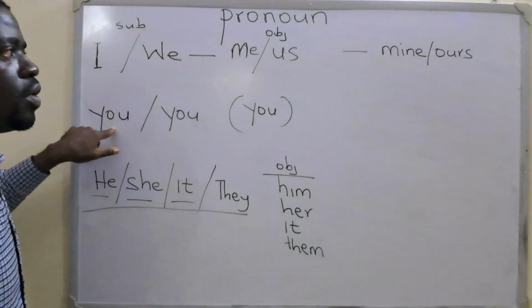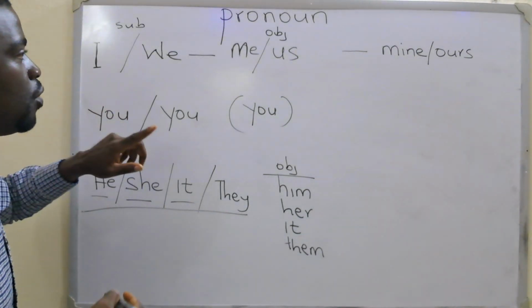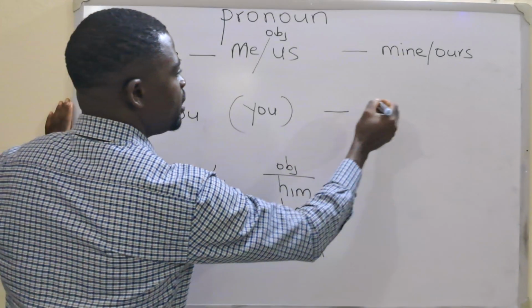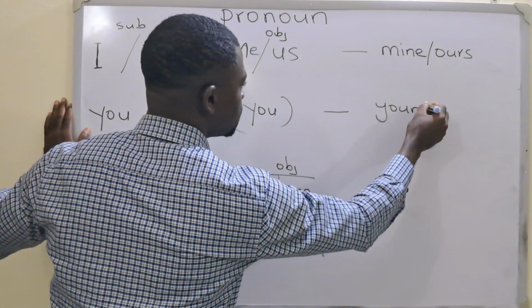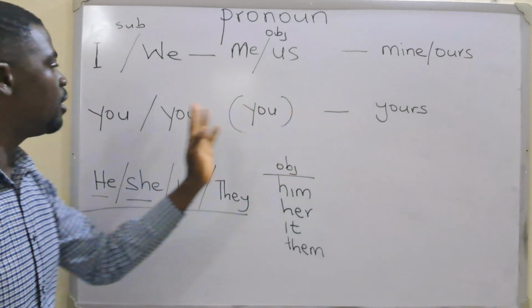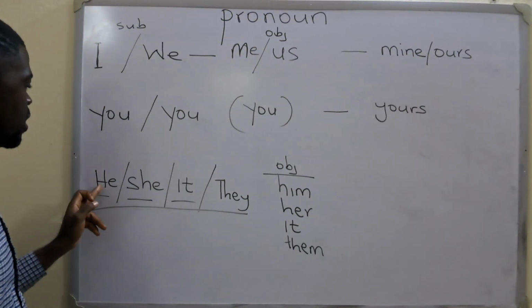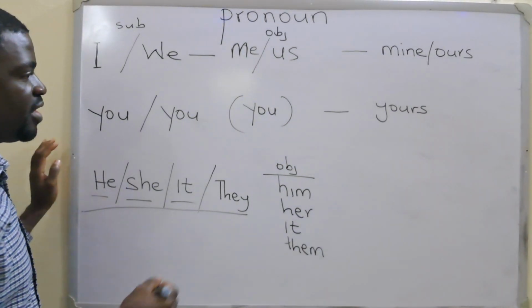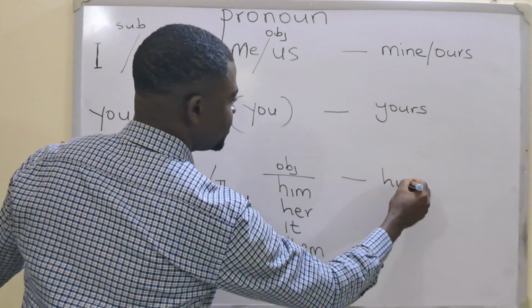If you, that is the second person now, own something, it is yours. Yours is the possessive form of you. If he owns something, it is his.